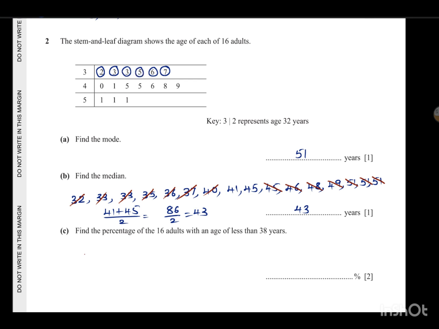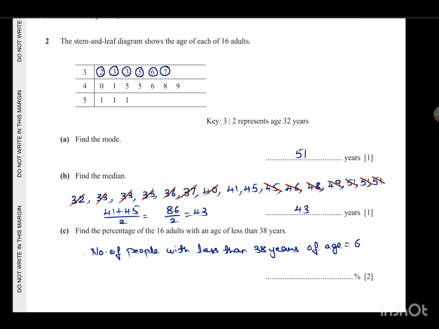Percentage will be: first let me write the number of people with less than 38 years of age, which is 6. Altogether they are 16, right?